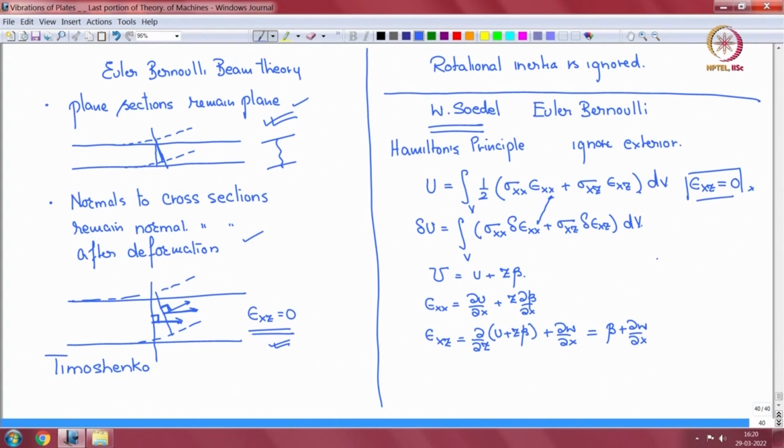Okay. Now if we substitute the variations of this and this into delta U, what do we get?